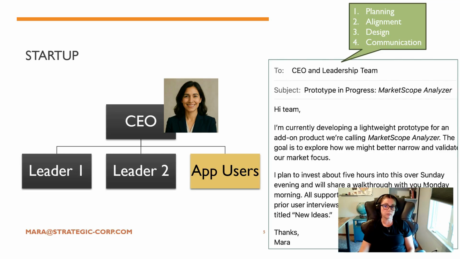Maybe you have some general designs that you'll chat about, but you can get aligned with them via a simple email or a Slack message telling them I'm currently working on a lightweight prototype, telling them when you're going to work on it, how many hours, and telling them all supporting materials are in a Teams channel called New Ideas. It's so easy to let them know in advance that it's kind of laughable that I did not do that if I were at a startup, for example.